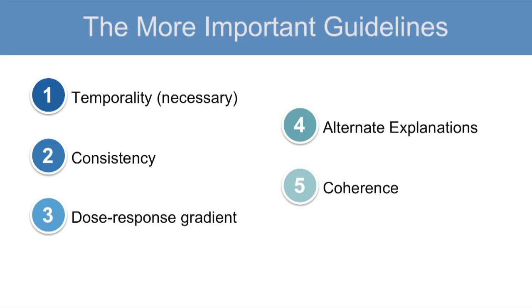These guidelines are to be used to evaluate the body of knowledge on an exposure-response relationship, not merely applied to 1 or 2 studies. Temporality is generally considered to be necessary, but the absence of 1 or more of the other 4 guidelines does not negate the possibility of a causal relationship.